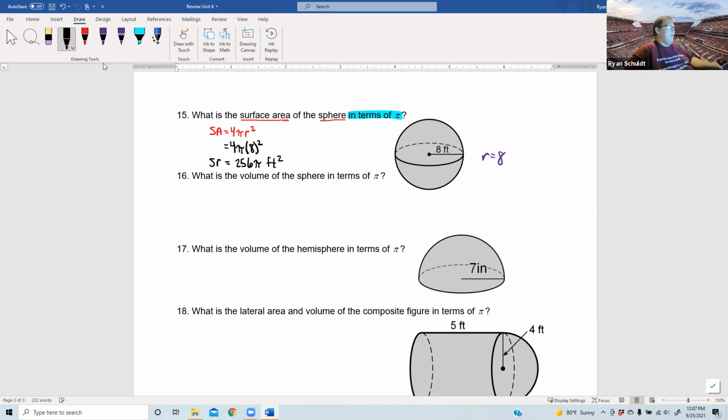That's our surface area of this sphere. Number 16, we're going to be using the same sphere, but this time they want us to find the volume of the sphere in terms of pi. So the volume of a sphere is 4/3 pi r cubed.